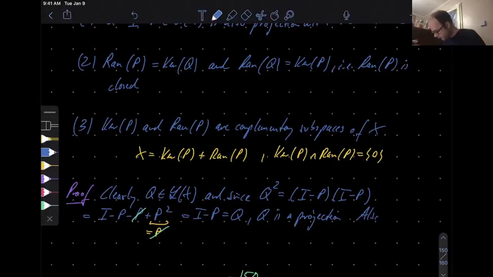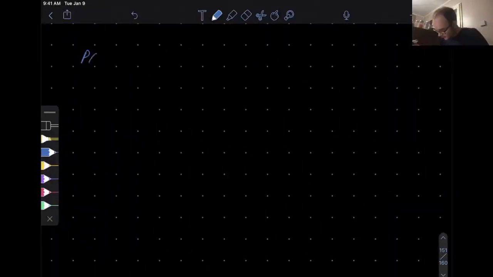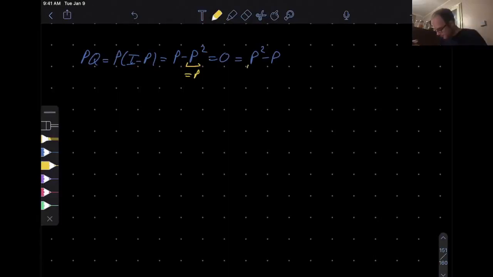Also, does it commute with P? Well, PQ is P times 1 minus P, which is P minus P squared. This is again P minus P, well, surely is equal to 0, is the same as P squared minus P, is the same as, well, which way do I want it now?